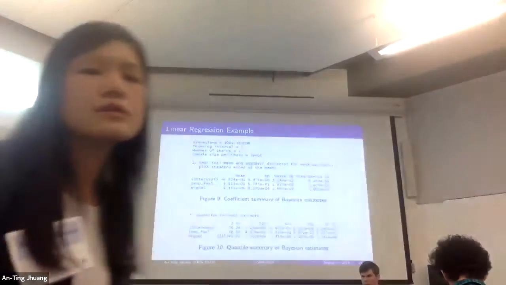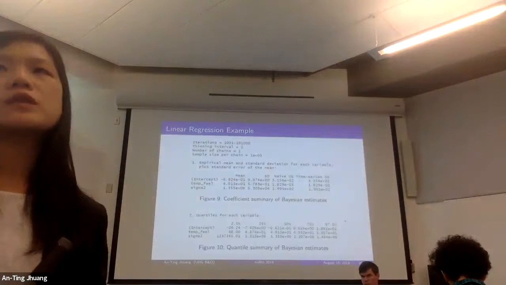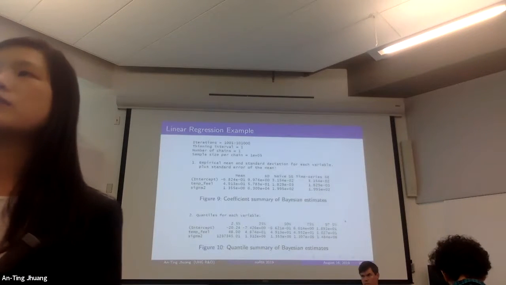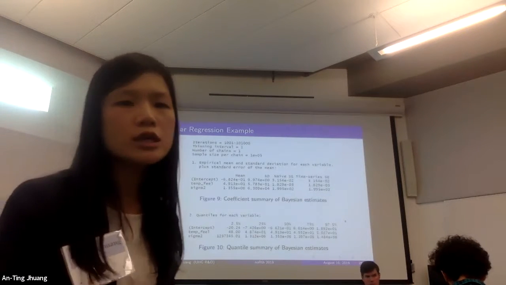the Bayesian statistics? If you use the MCMCpack package and use the MCMCregress function I mentioned, it will give you these two parts of the output. Here the iterations are from 1,001 to 101,000.